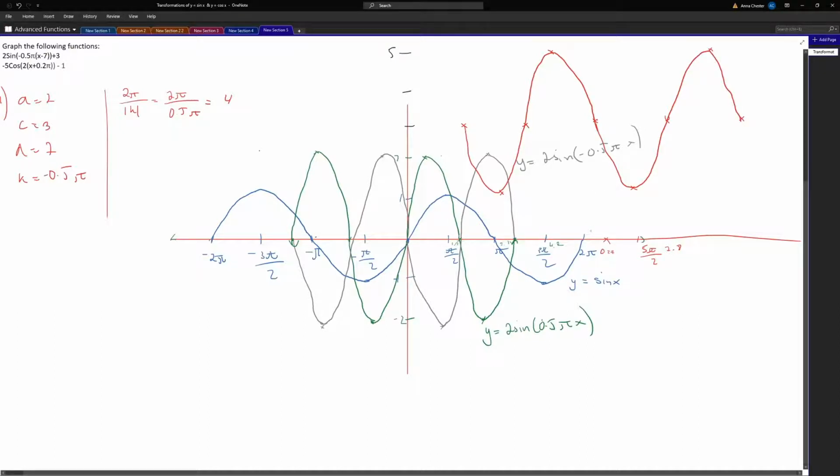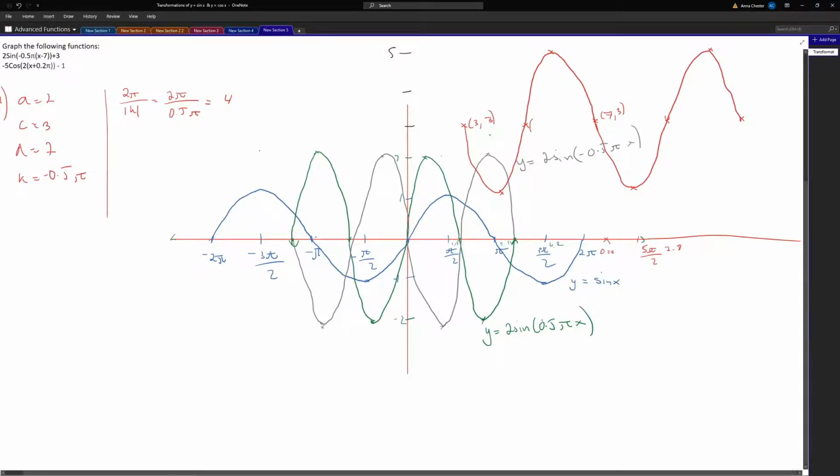Okay, so now since we're moving by 4, we know that this should be 3, 7. This should be 7, 3. I wrote that the wrong way. 7, 3. This is 4 this way, which would mean this is 3, 3.